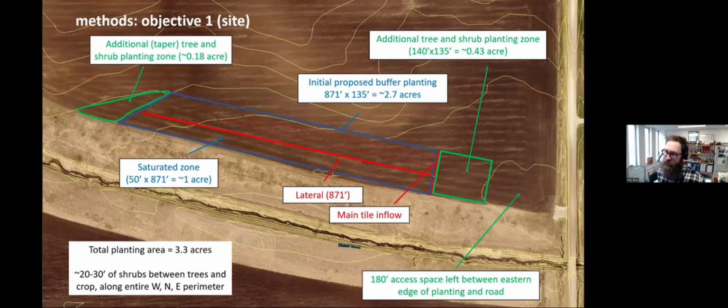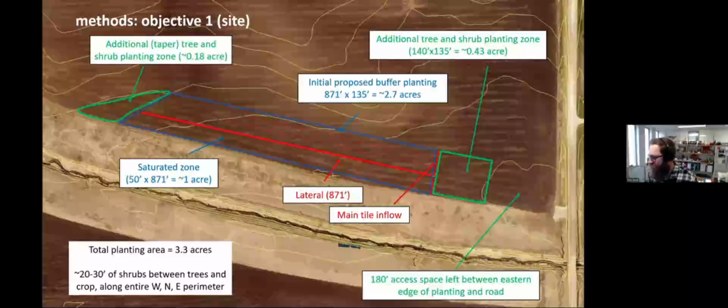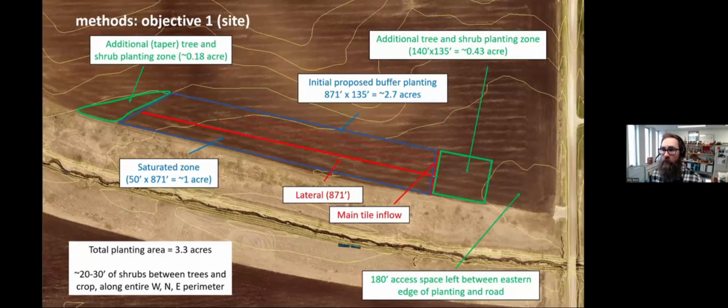So again, you see the green on the western side of the buffer, we tapered it for machinery ease of going around this thing. And then we had a little gap by the road there so machinery could access the field. But again, the saturated zone itself is 50 feet wide and 871 feet long, which comes out to about 1 acre.